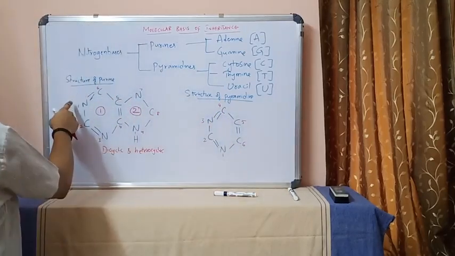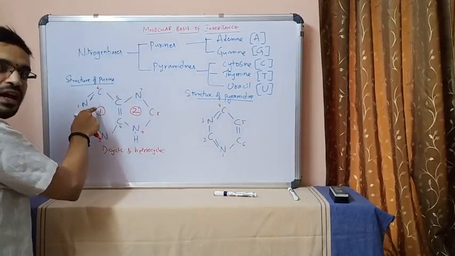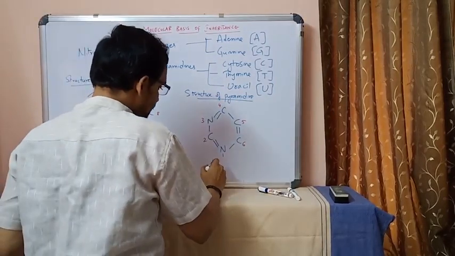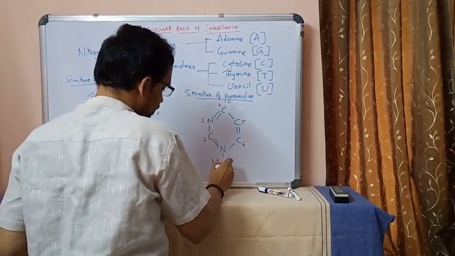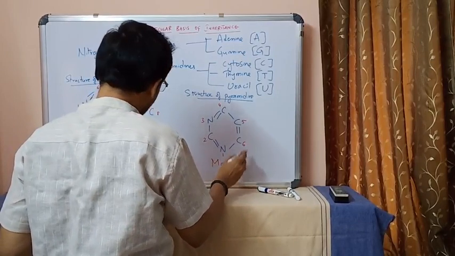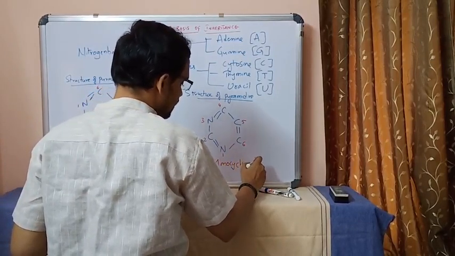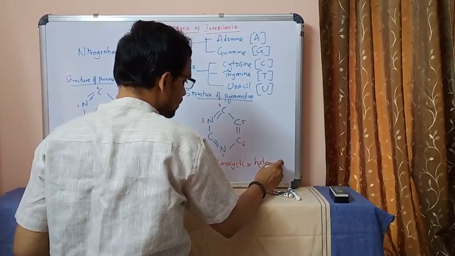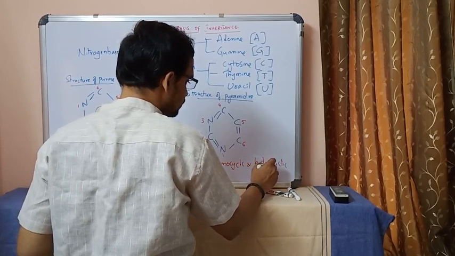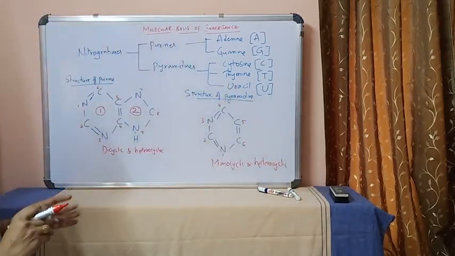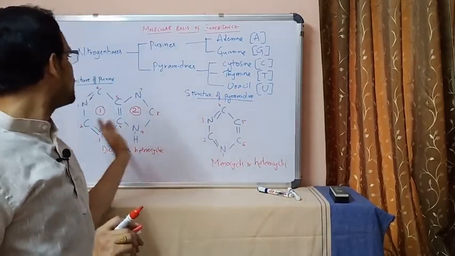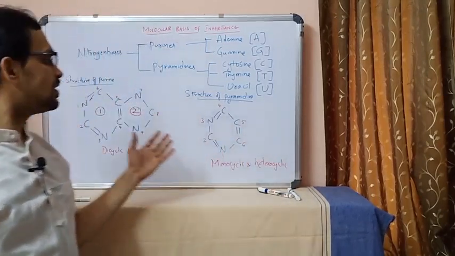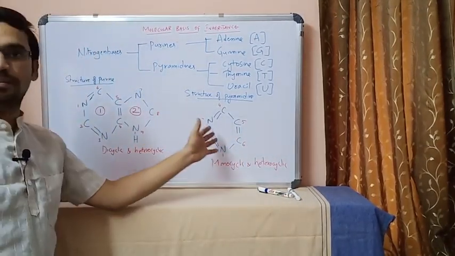Numbering should be counterclockwise for the purines, that you should remember. These are the general structures of purines and pyrimidines.